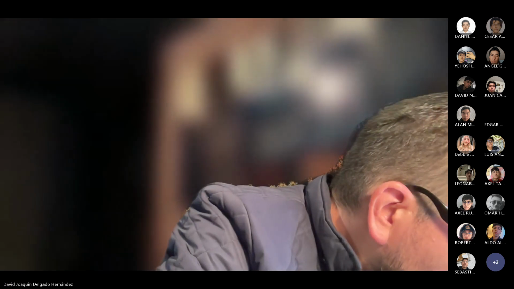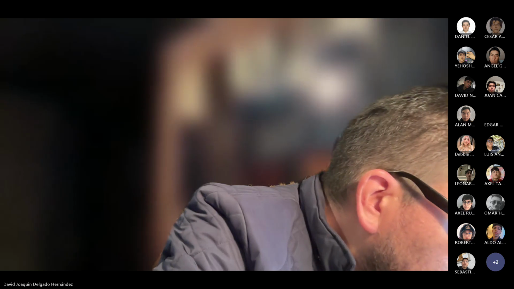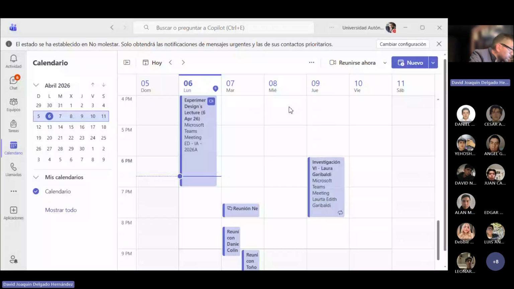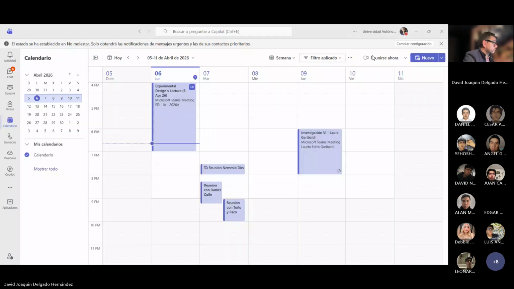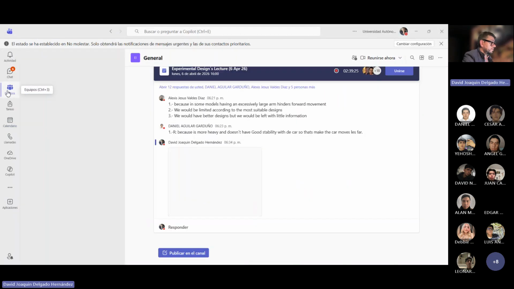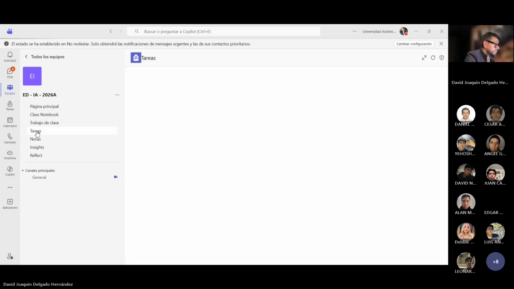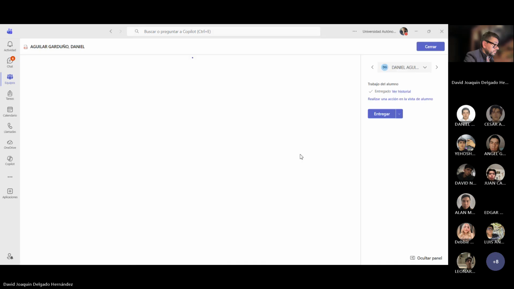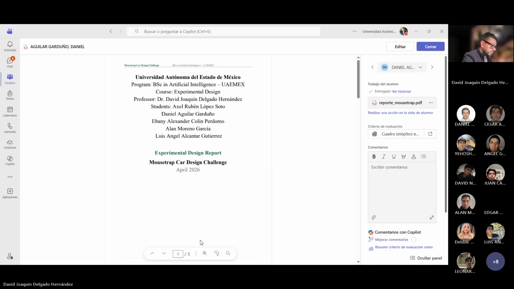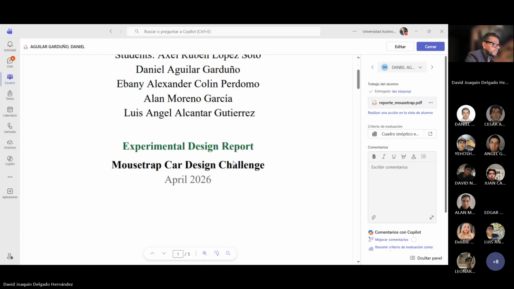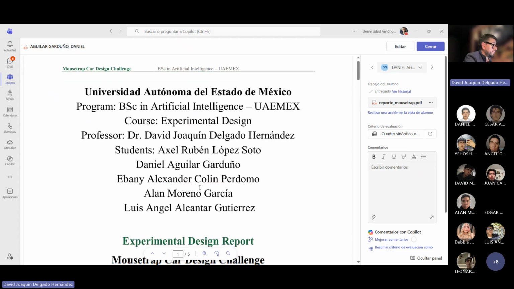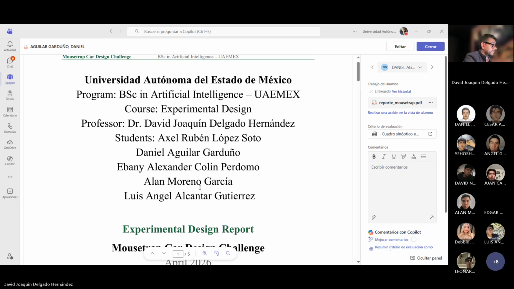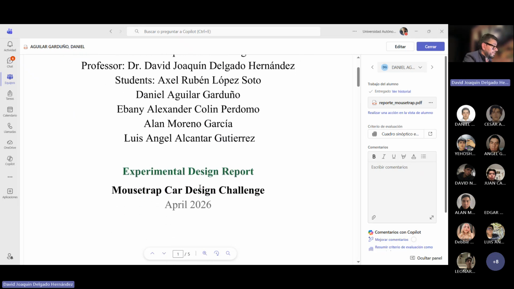So let's go to the Teams. Okay. So here is the mousetrap design. Okay, what can you tell us about it?